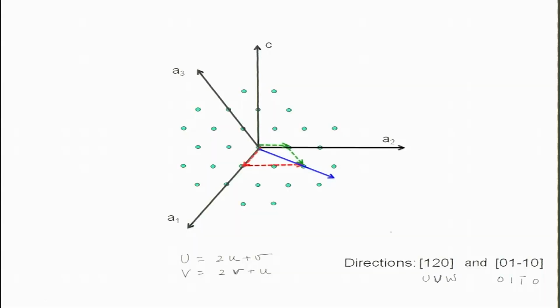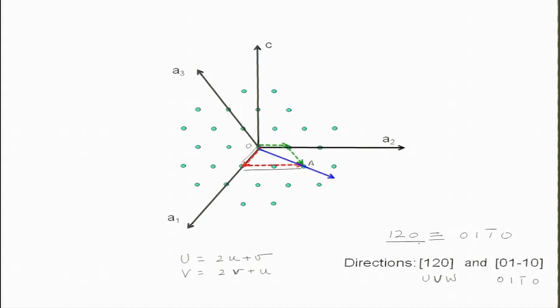Is that clear to you? I have converted it. So, 1 2 0 is equivalent to 0 1 bar 1 0. So, in the first case, this is 1 2 0, 1 along A1, 2 along A2. So, I move from O to A.